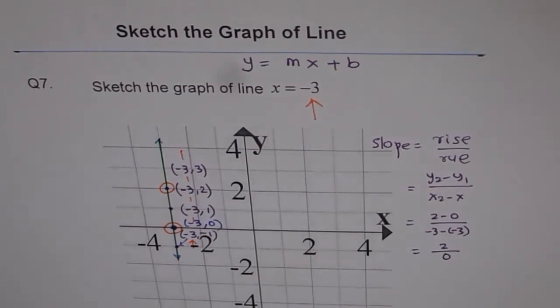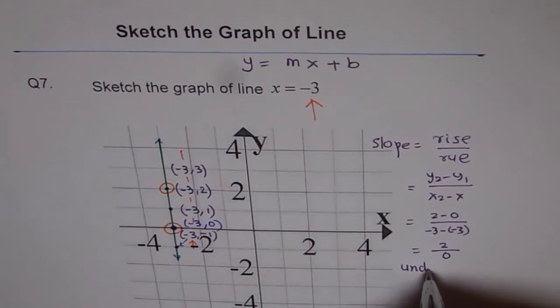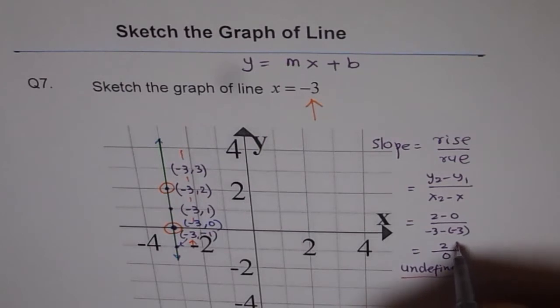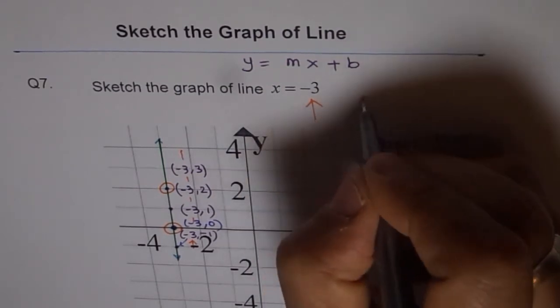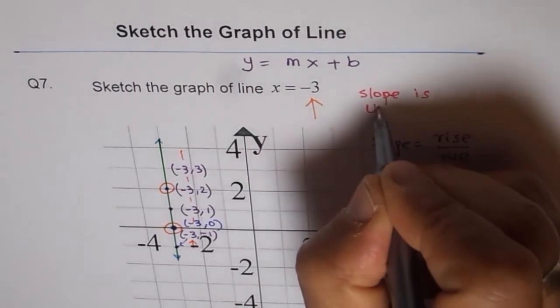But you can't really define a number when you divide by 0. That is not permitted. So that is undefined. So what we get is a slope that is undefined. Do you see? So we say the slope of a vertical line is undefined.